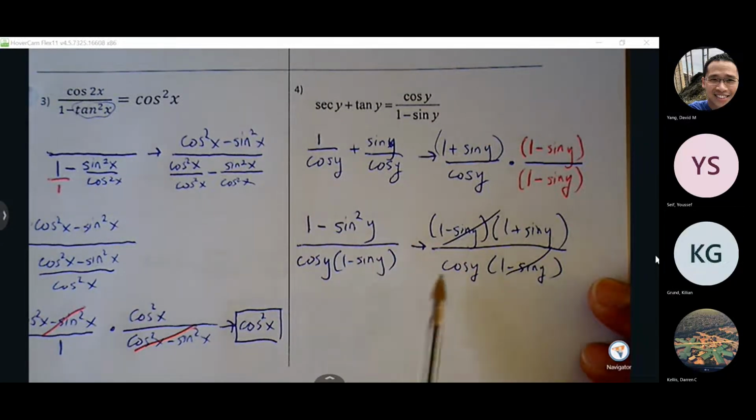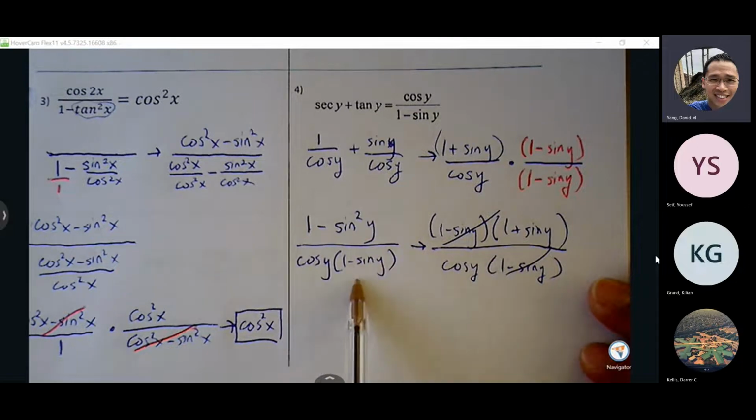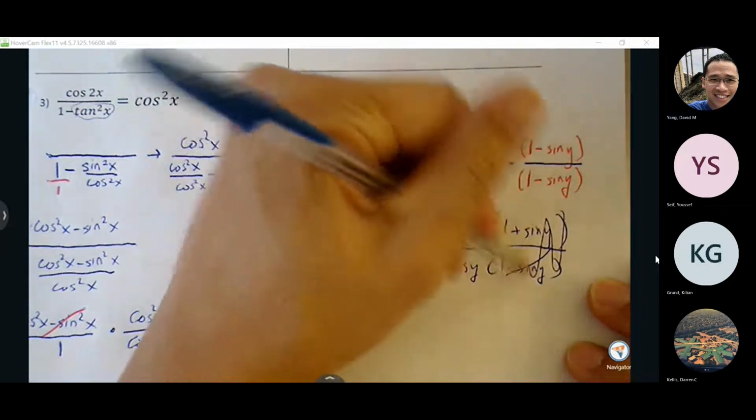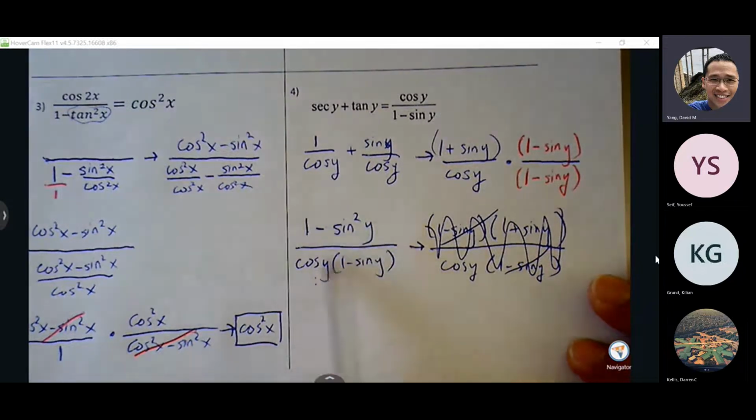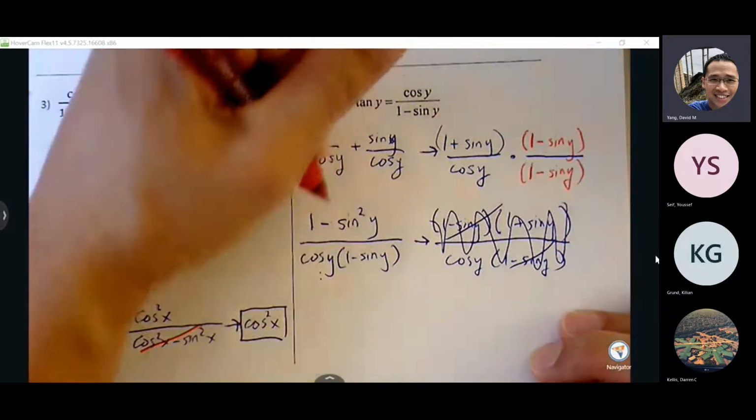Let's see. Oh, sorry. I don't want to do this, right? Because, sorry, I'm back to where I started. My bad. I want to find a way to get the cosine to go away or to flip-flop. So let's change this 1 minus sine squared to be what?